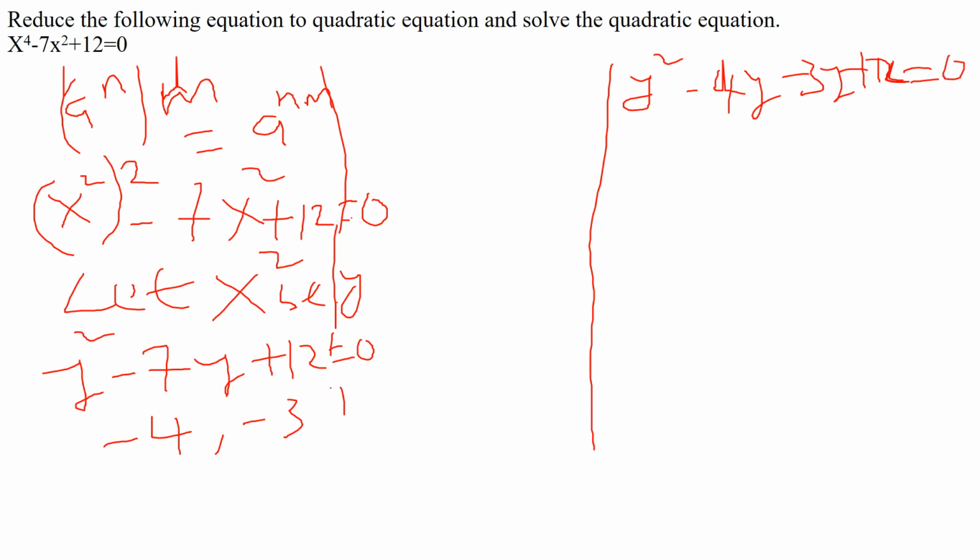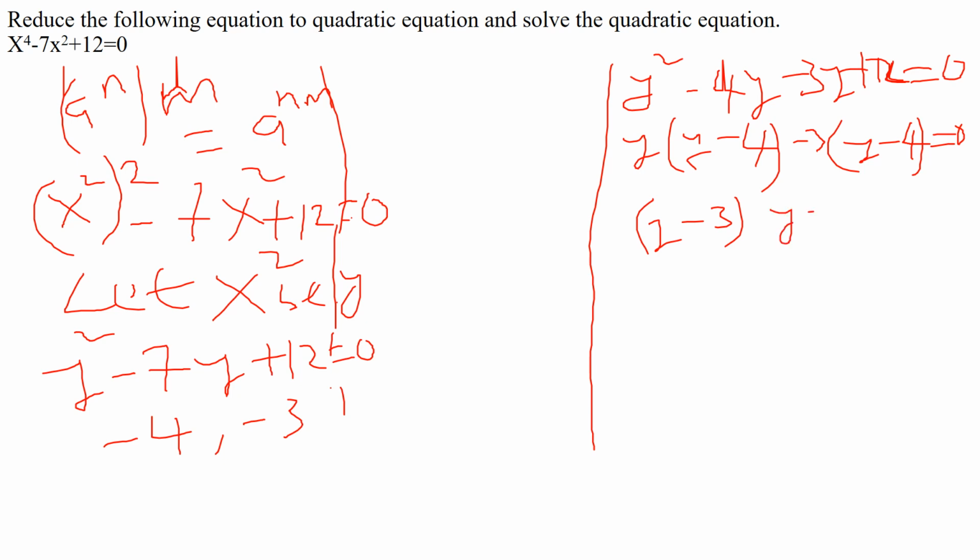Now I can group them. Here I have y, and it remains with y minus 4, and then minus 3 outside here, so I have y minus 4 is equal to 0. So my equation will be y minus 3 and y minus 4 is equal to 0. So my y is equal to either 3 or 4.